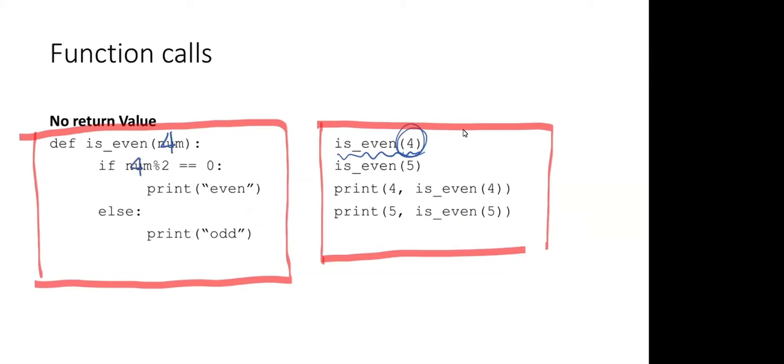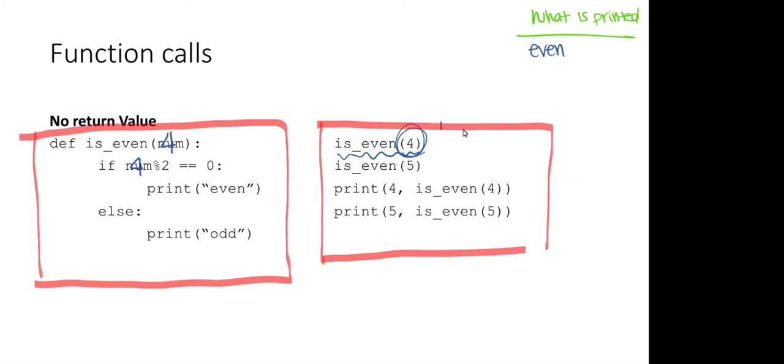And 4 is going to be our num. So 4 modulus 2 equals 0. That is a true statement. So in this case, it will print even. The first thing that would print is even, because we can see is even 4 and that it prints.